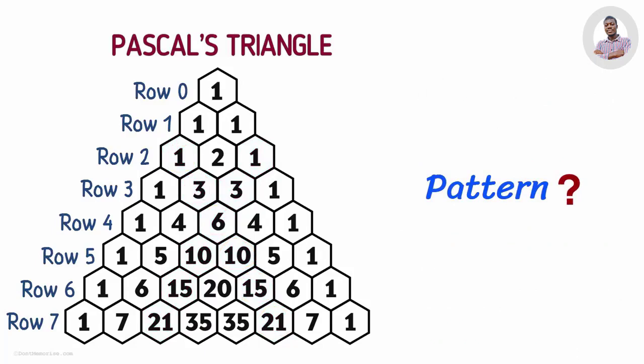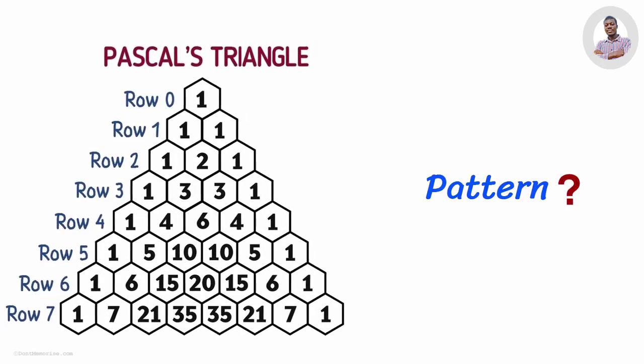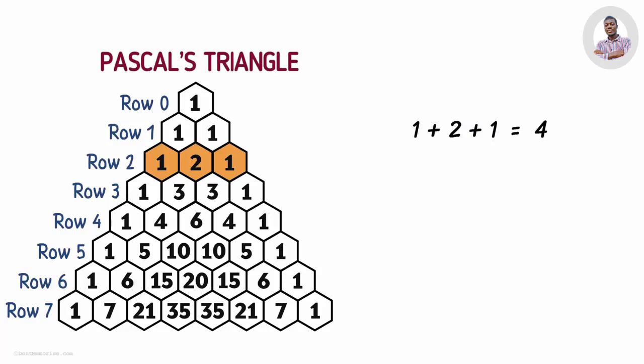Did you notice any other pattern? It could be anything. I want you to observe each row. What can you see? Let's see what happens when we add the numbers in a row of a Pascal triangle. Let's start by adding the numbers in the second row. Adding up these numbers gives us 4.